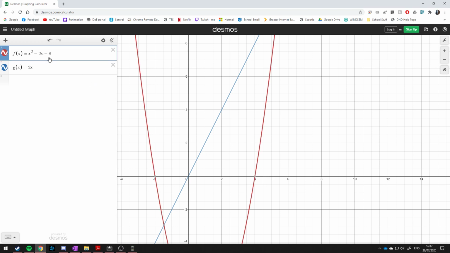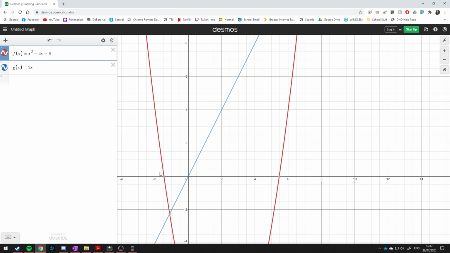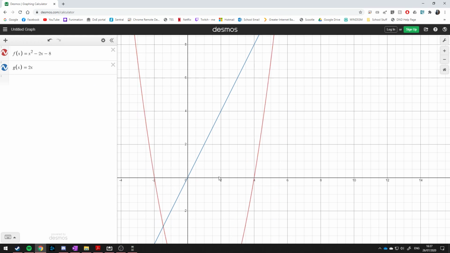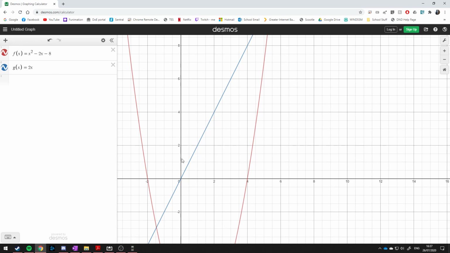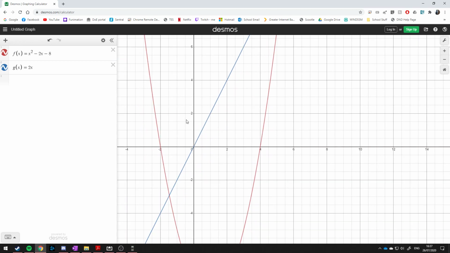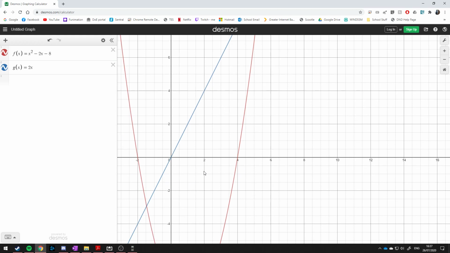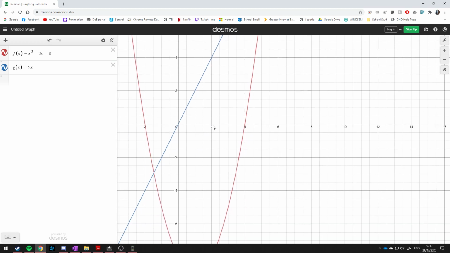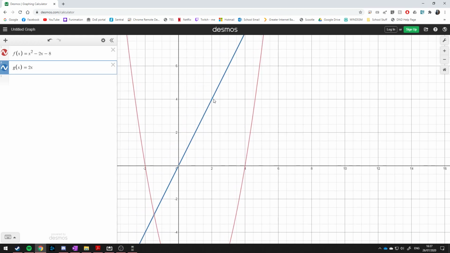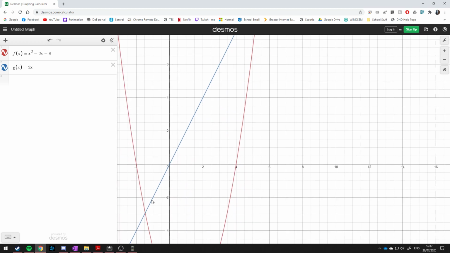So the sum of the roots of the difference gives us that halfway point. The halfway point between this one here and this one here we decided was at x equals 2, which is here. So this point here at (2, 4) is the halfway point between here and here.